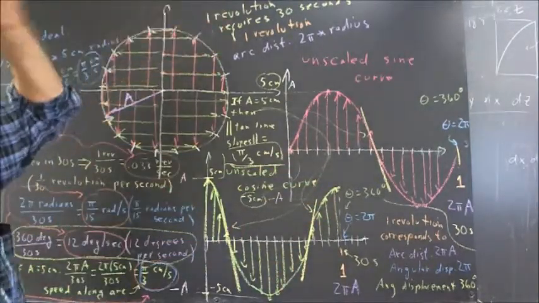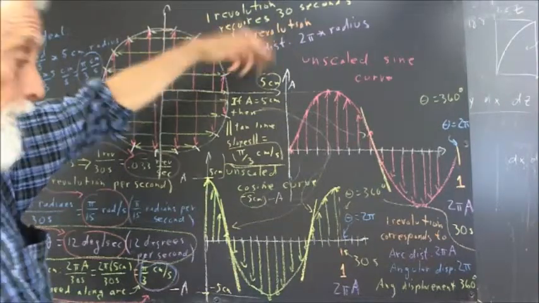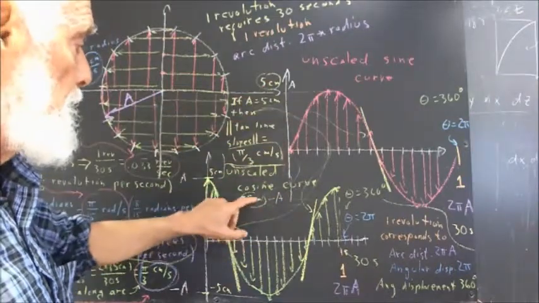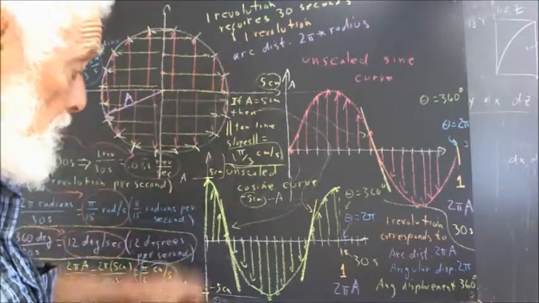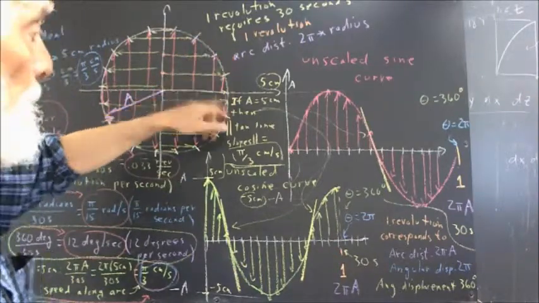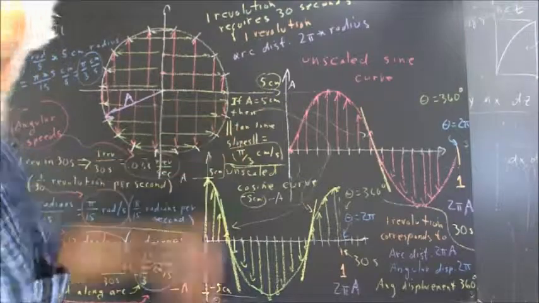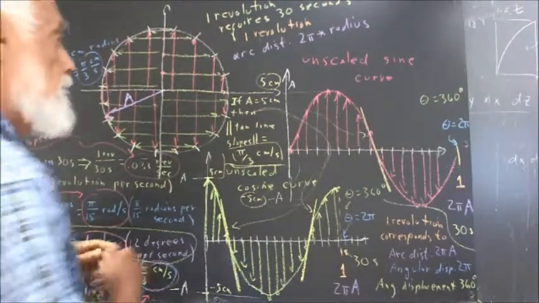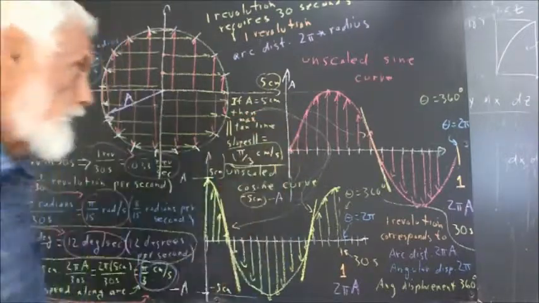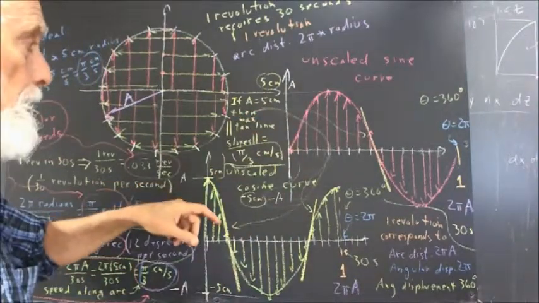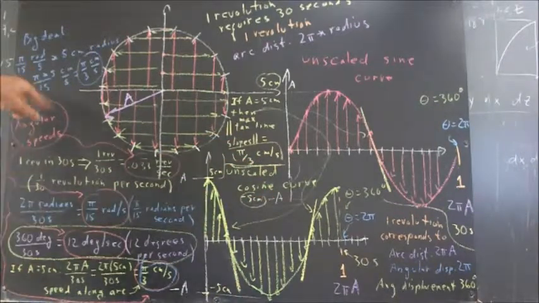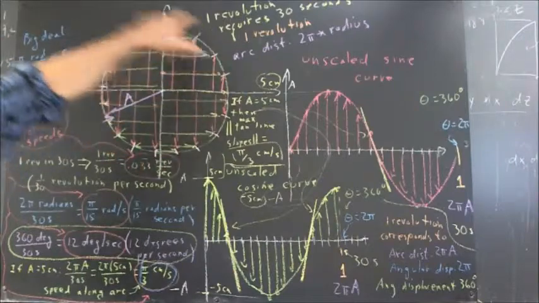Now if A is 5 centimeters, in the first place we can relabel the graph. Instead of just negative A and A, we can have negative 5 centimeters and 5 centimeters here and here. If A is 5 centimeters, then the magnitude of the maximum tangent line slope is going to be pi over 3 centimeters per second, in agreement with the speed around the arc.